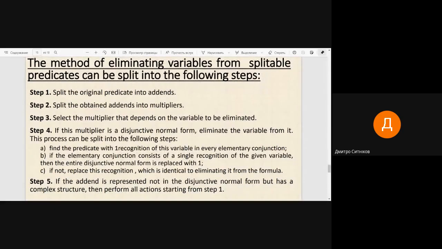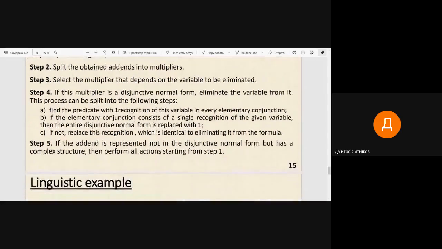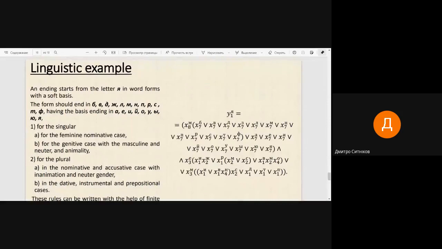The method of eliminating variables from splittable predicates can be split into the following steps, and then we enumerate these steps. We have considered some linguistic examples that are related to Russian language dependencies.